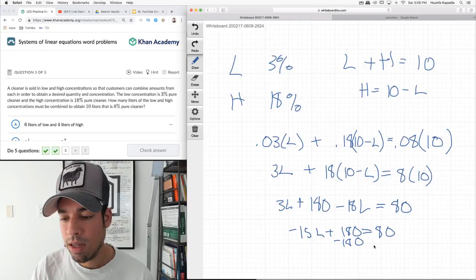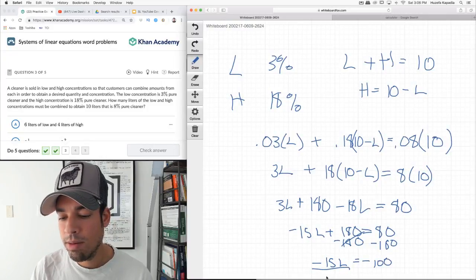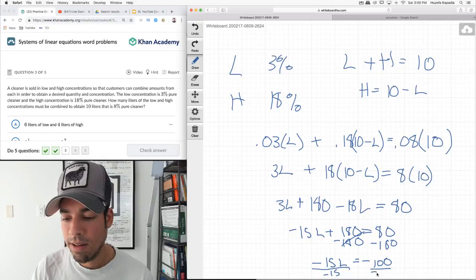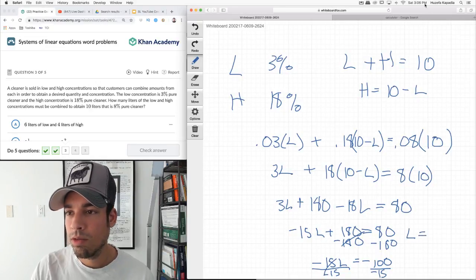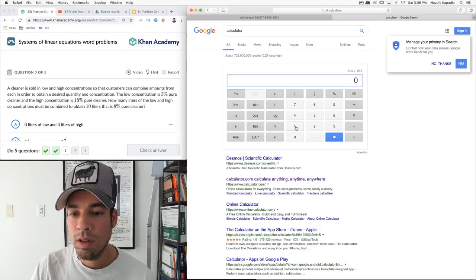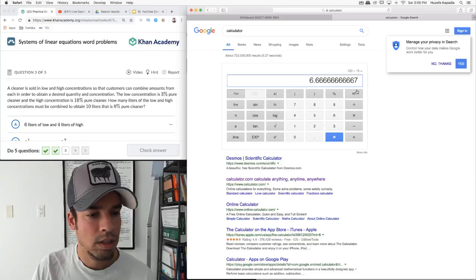Subtract 180 from both sides. Negative 15L equals negative 100. Divided by negative 15, we get L equals 100 divided by 15, which is, yikes.